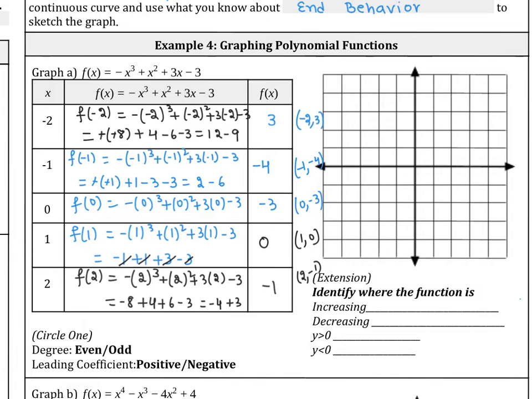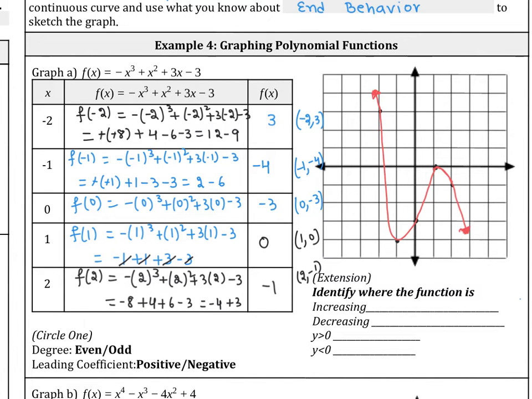Now I'm going to plot these points. So the points are (-2, 3), (-1, -4), (0, -3), (1, 0), and (2, -1). When you connect the points, make sure you use a curved graph.